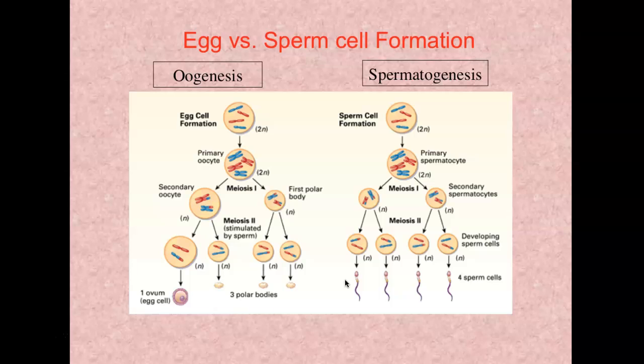What I really want you to understand from this diagram is that each one of these sperm cells down below, produced at the end of meiosis, is going to be genetically different. They're all going to have a different genetic code, and that's so important because if we produce sperm that are identical, that could ultimately produce identical children, which is not good.